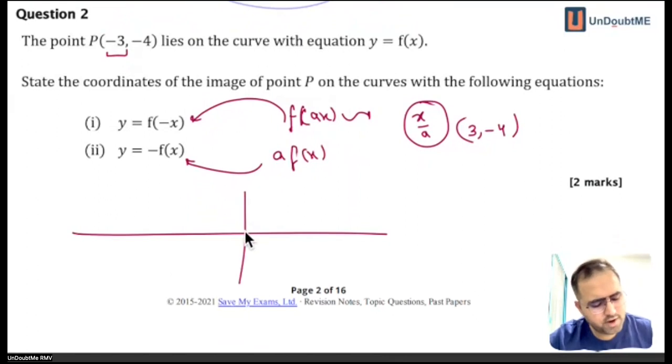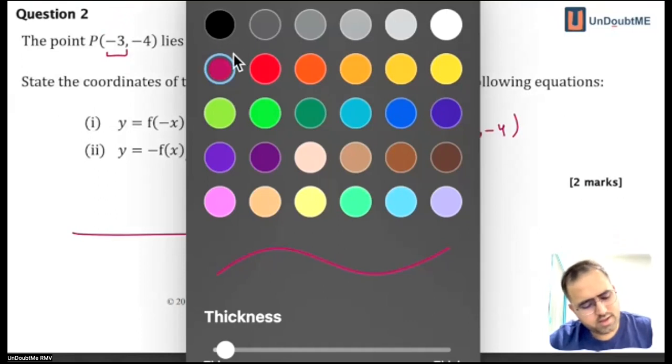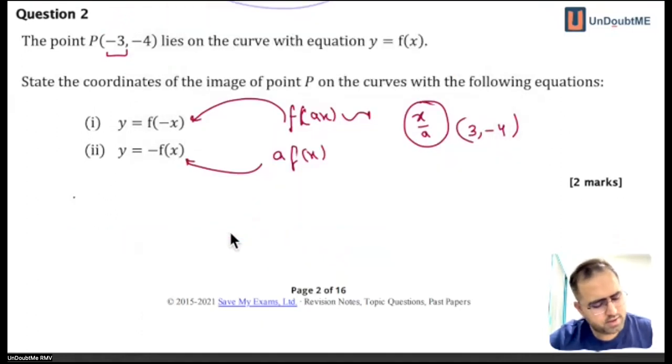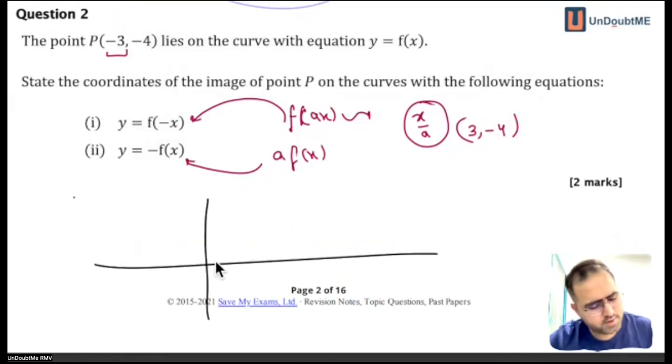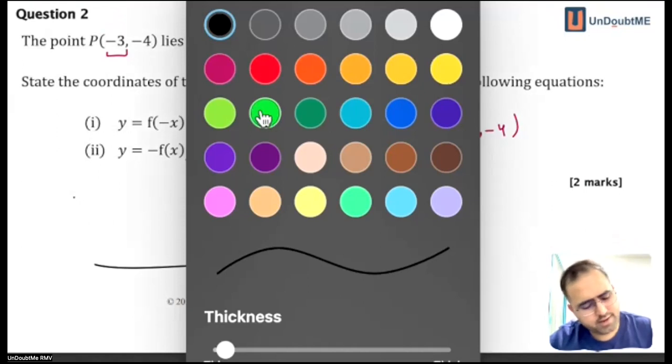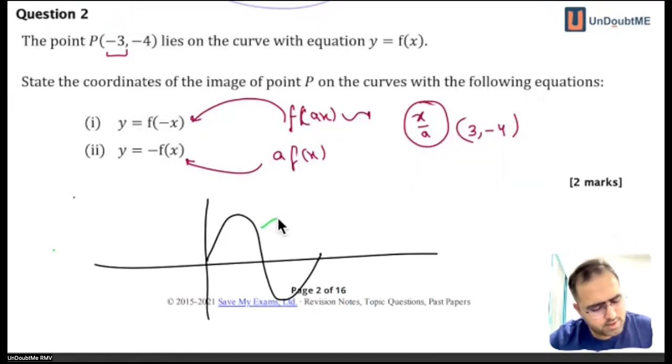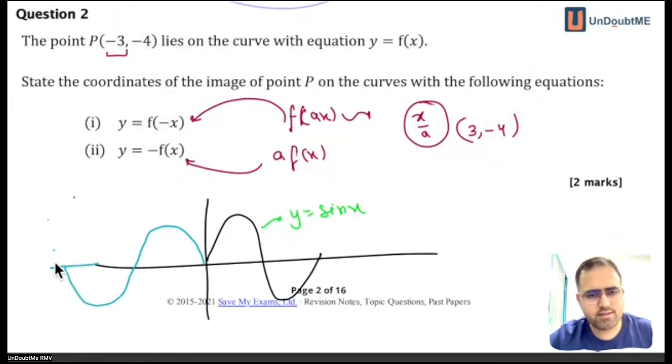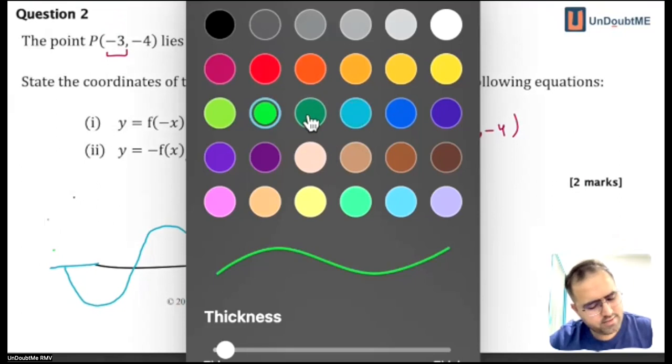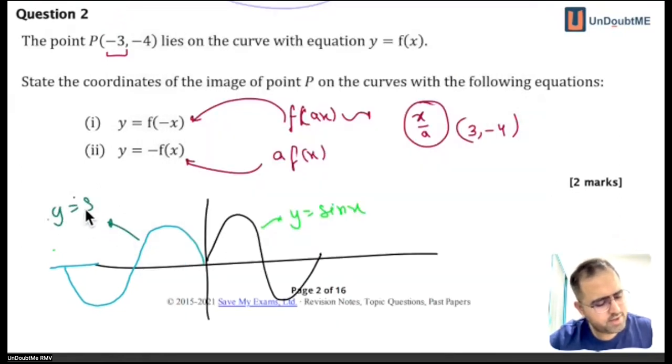If I show you with the help of the graph of sine, so let's say this is the graph of sine, and I can name it as y is equal to sine x, and its exact horizontal reflection is the graph of y is equal to sine of minus x.